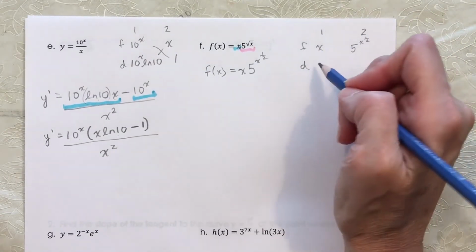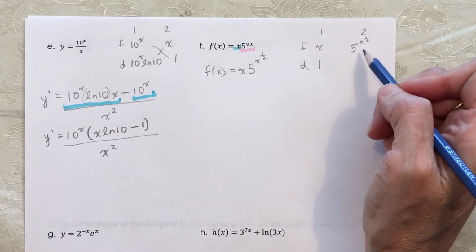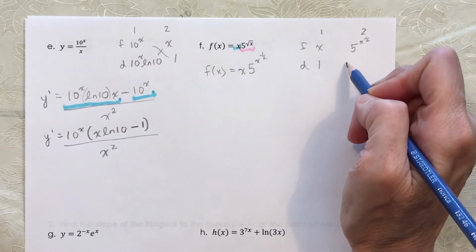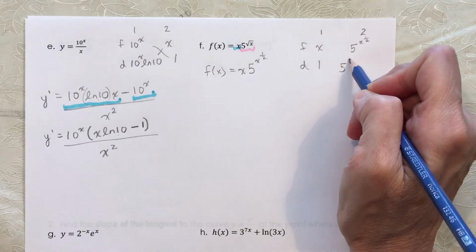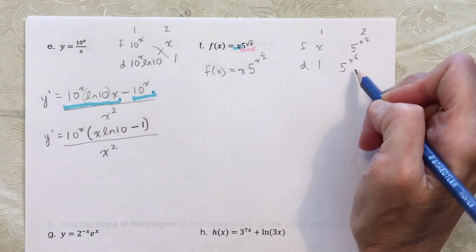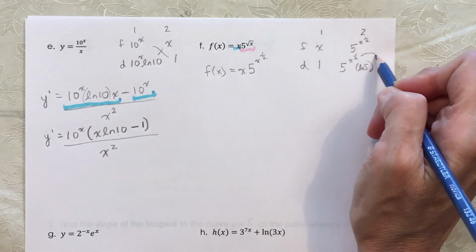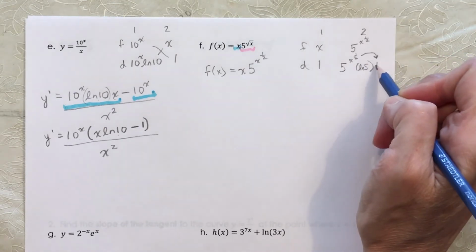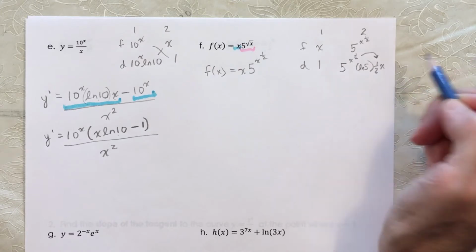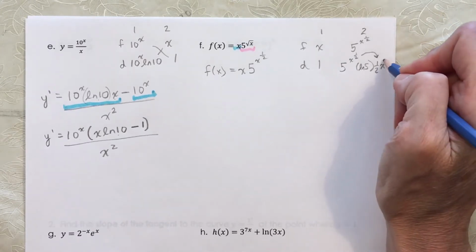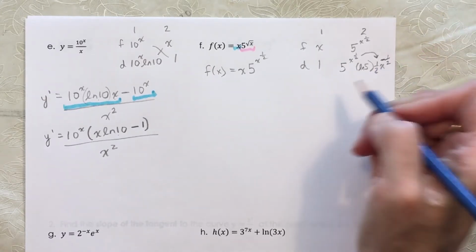So the derivative of x is 1, that's easy. The derivative of 5 to the x to the half is going to be 5 to the x to the half times the ln of the base times the derivative of the exponent, which is 1/2 x to the negative 1/2.